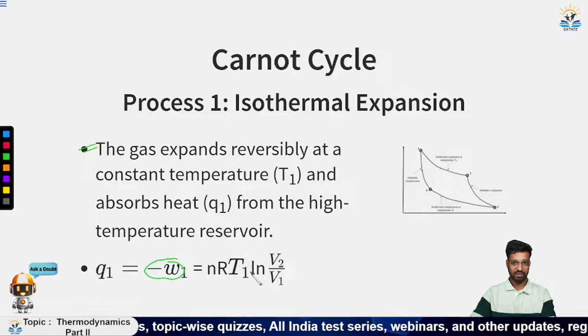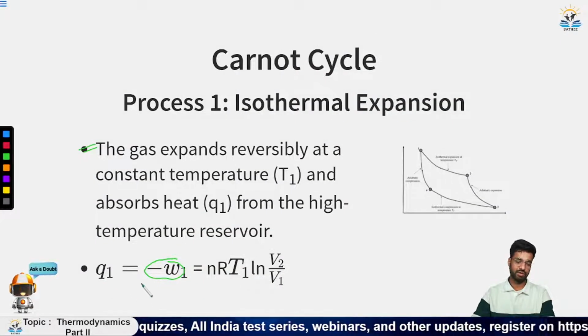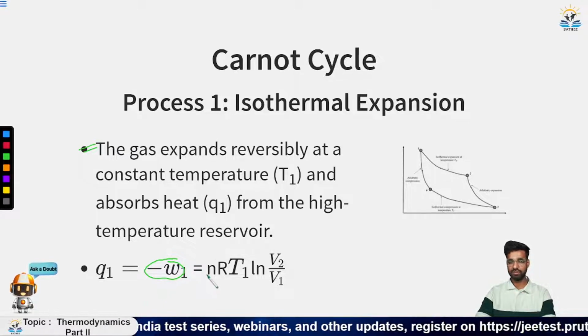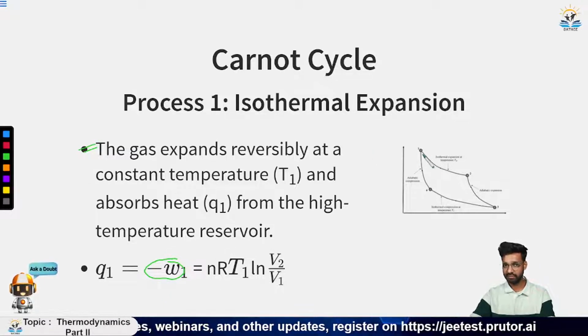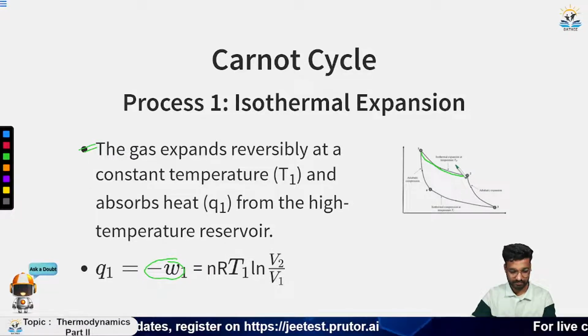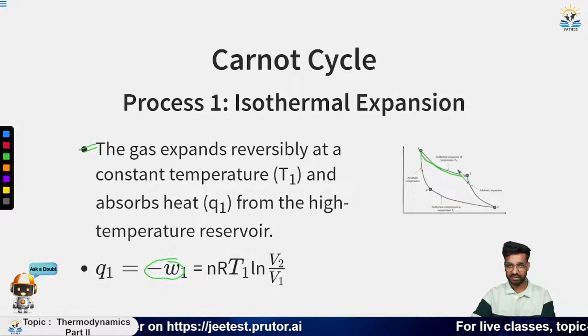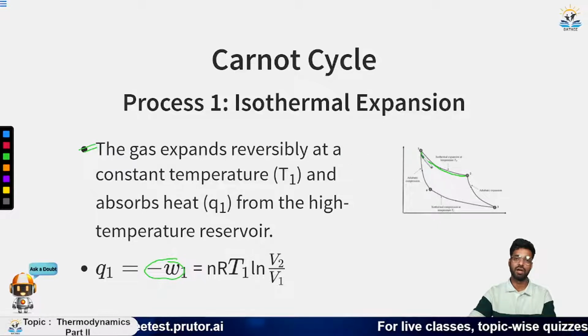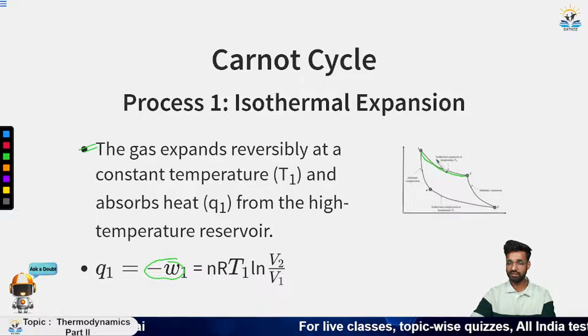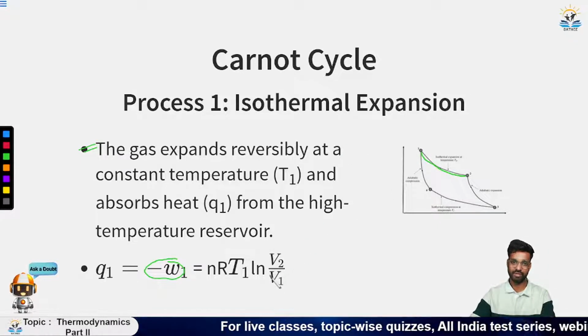This is the formula given here, that is Q1 is equal to minus W1. In this way, you can calculate the work done for the first step, the isothermal expansion. That is done at temperature T1. Since it is isothermal, the temperature is kept constant.